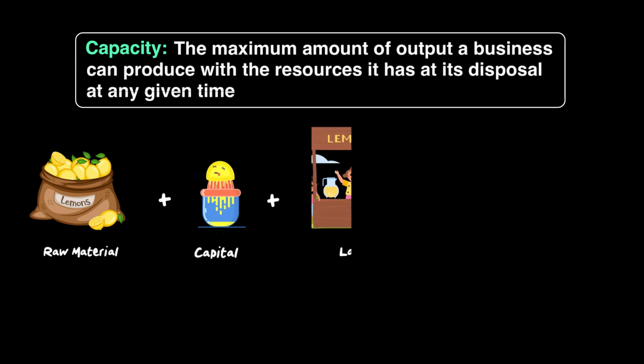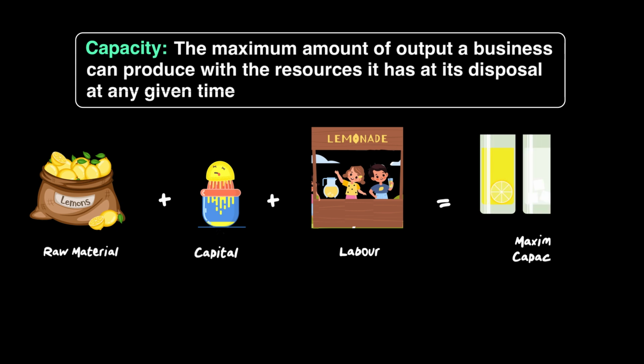Plus you will need some labor, so you may have two people serving it out there on the streets. When you combine all of these resources together, the maximum output that you could come up with is what we call our maximum capacity. Let's say you had 100 lemons, two of these machines, and two people working on it. If you put 4 lemons in each glass, then your maximum capacity is 25 glasses of lemonade.